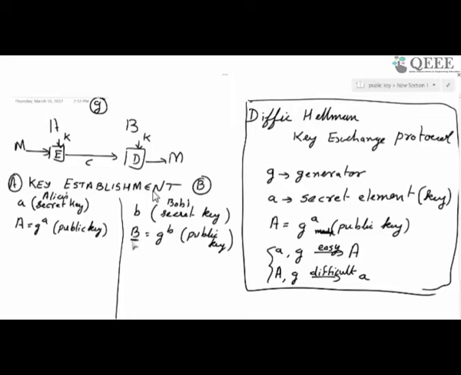Bob would send this B to Alice, and Alice would send capital A to Bob. So the public keys are exchanged.